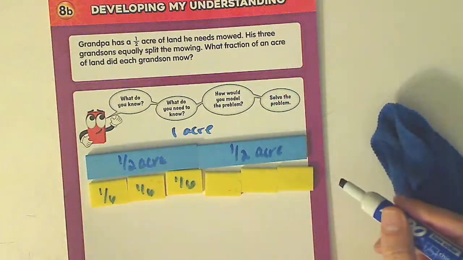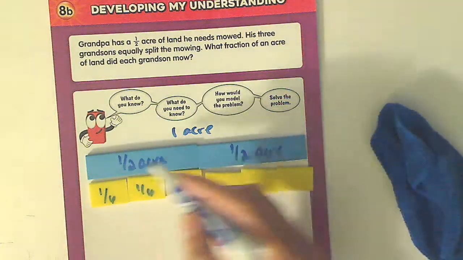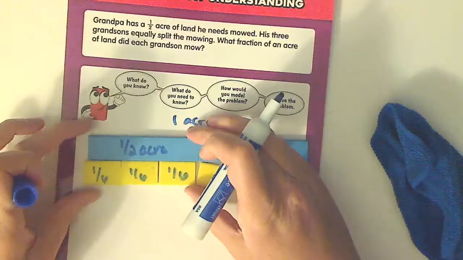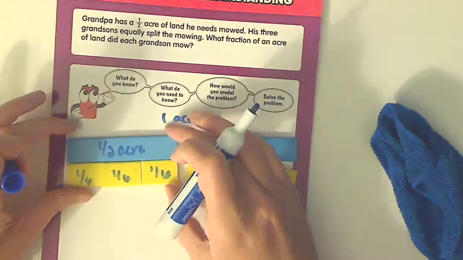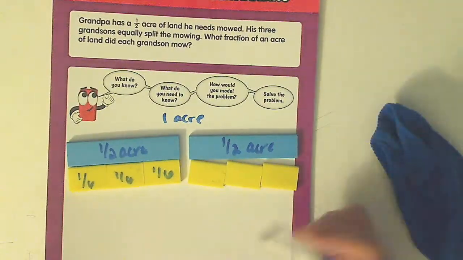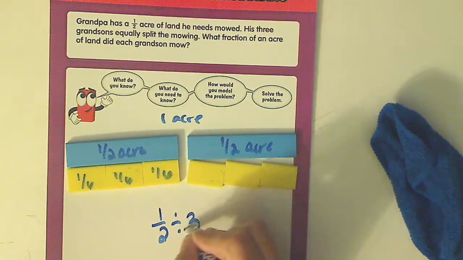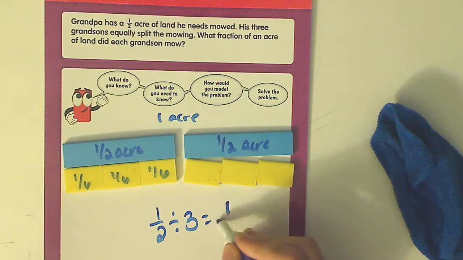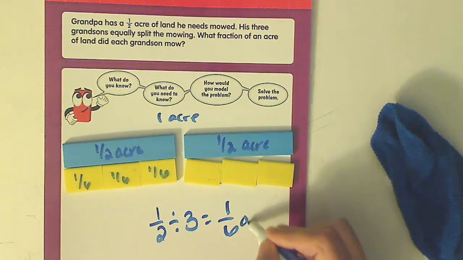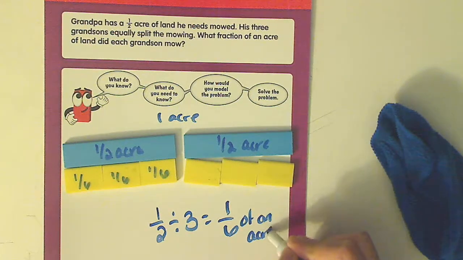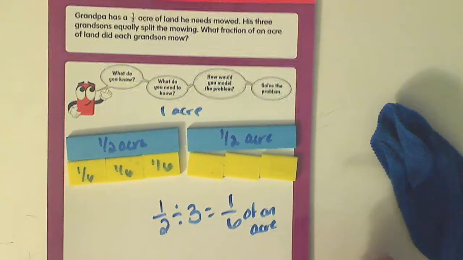Because it would take 6/6 to make the 1 acre, and they're only doing half of the acre. And so that's where it gets a little bit different. So in this case here, we took 1/2 and we split it in 3 ways, and that gives us 1/6 of an acre. And like I said, this is where it gets a little bit more difficult.